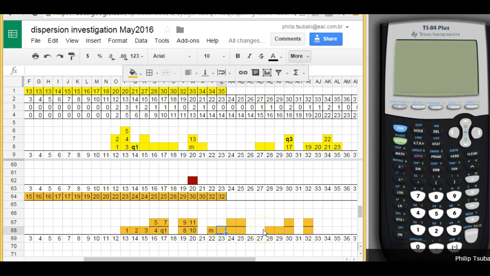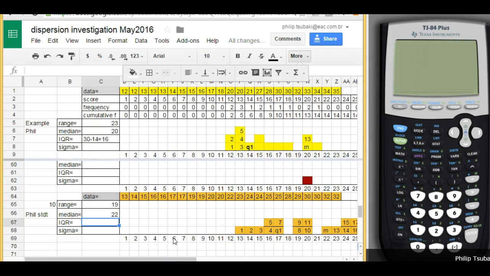I'm going to count up to that, and that will be my upper quartile. 15, 16, 17, and 18 will be my third quartile right there. So I'm going to subtract 28 minus 17 for the IQR here. 28 minus 17, which is equal to 11.